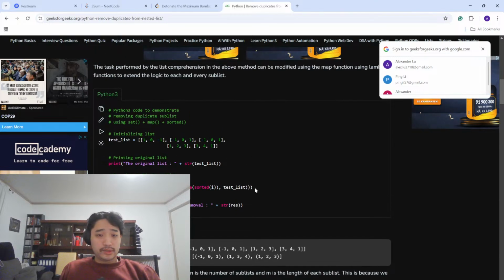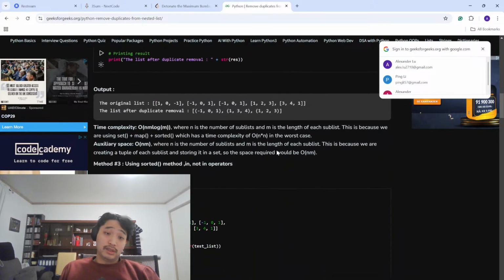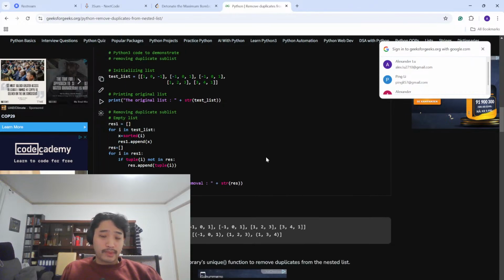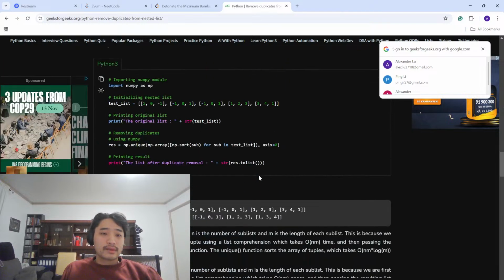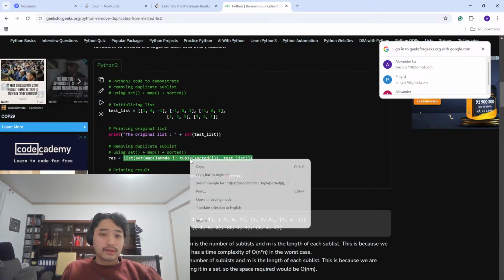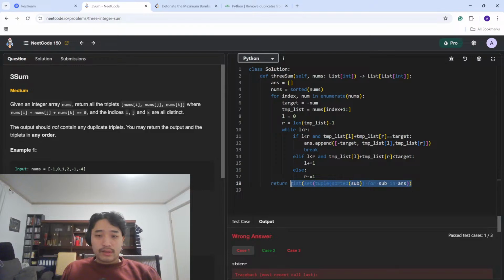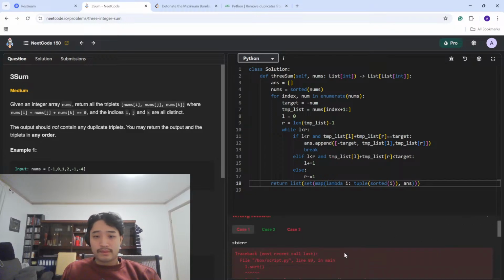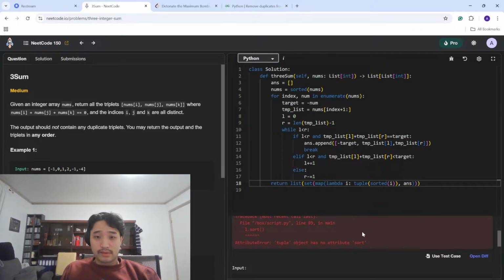I can use a lambda expression. I really dislike this. What?